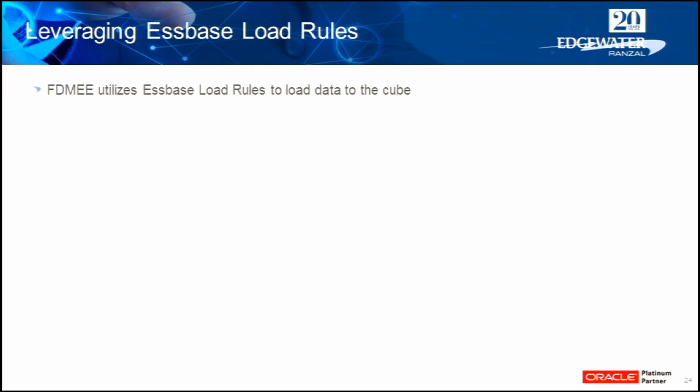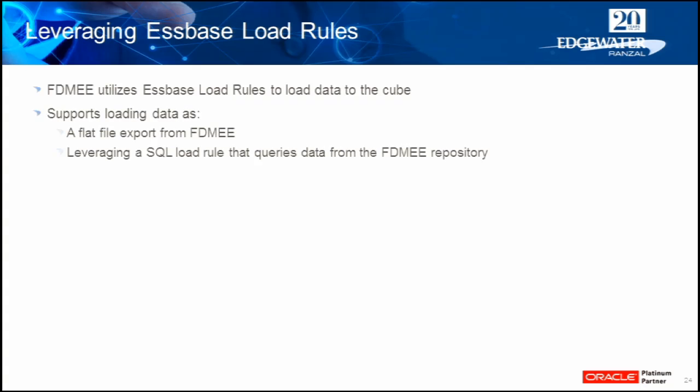So the other last thing here, quickly before we get into some of the other cool stuff, is Essbase load rules. FDMEE actually generates a load rule whenever it loads data into Essbase. That means you get an ERR file whenever you're loading data instead of one record being rejected. It has two ways of doing it. It can either create the flat file and then create a load rule that interprets that flat file, or it will also build a SQL load rule.